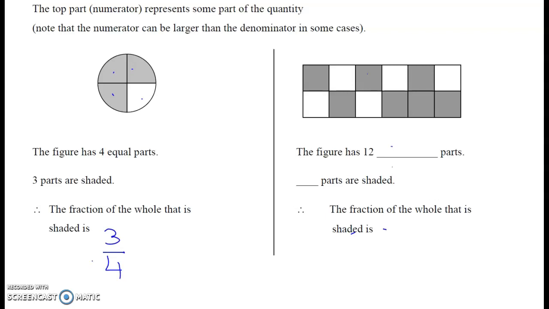To the right, we've got a rectangle that has been split into 12 equal parts. 1, 2, 3, 4, 5, 6, 7 of those are shaded. And so the fraction of the whole that is shaded is 7 out of 12.